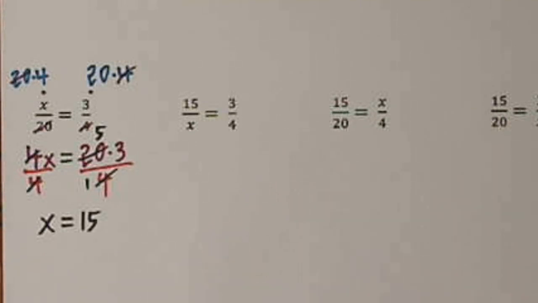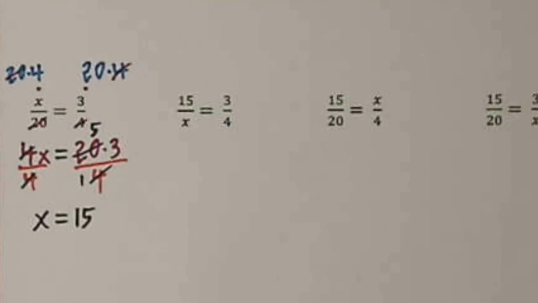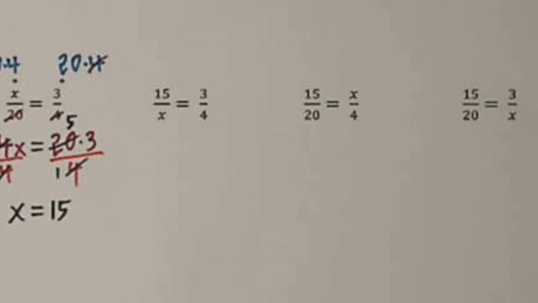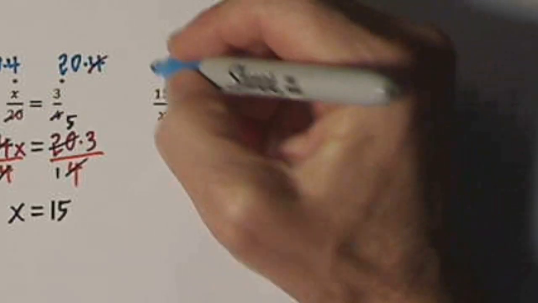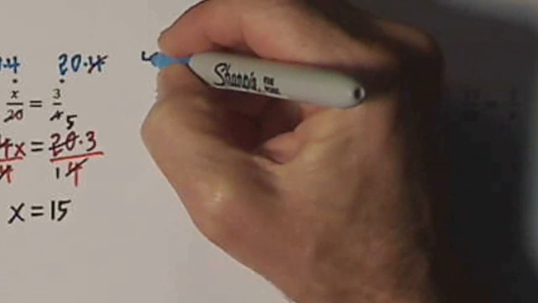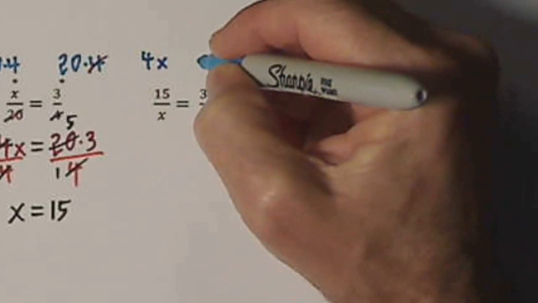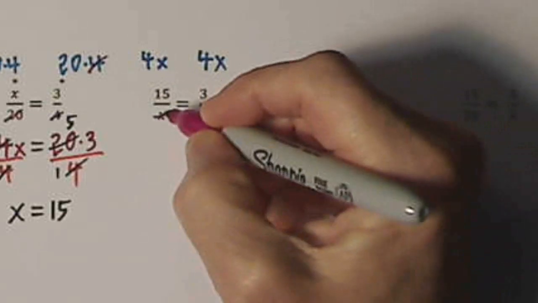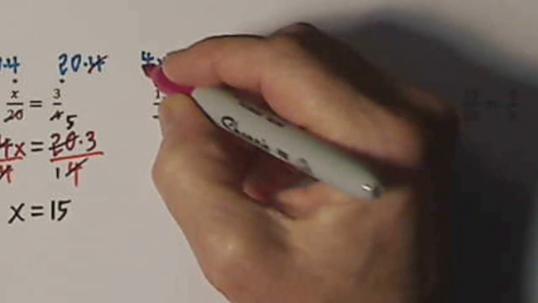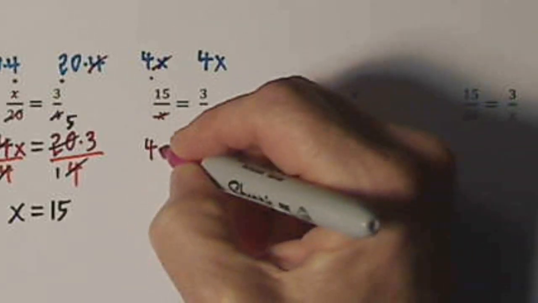We use the same approach for each of these 4 problems. So on our next one, in the denominators, we have an x and a 4. So I'm going to multiply each side of the equation by 4x and 4x. X goes into x once, 4 times 15.